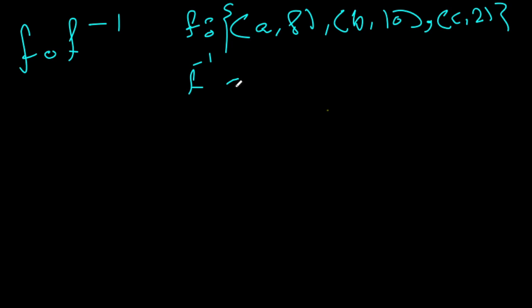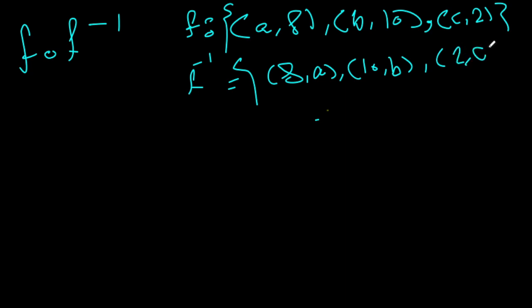And we just said in the previous solution that F inverse is basically the opposite. It is the mapping between 8 and A, and 10 and B, and then 2 and C. It doesn't matter really the order, because here we are considering sets.